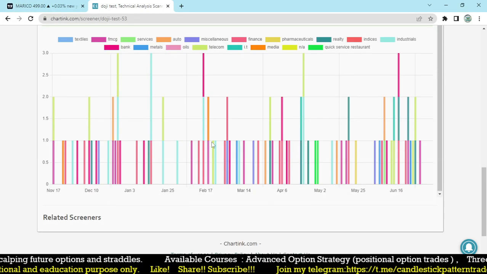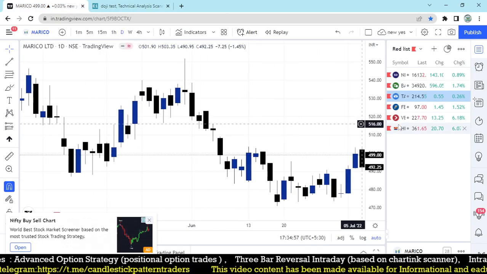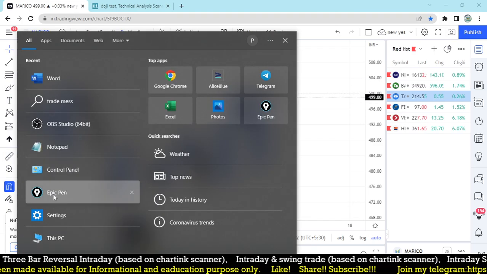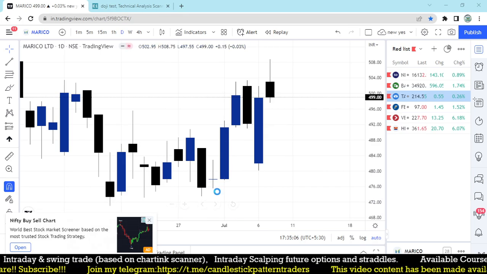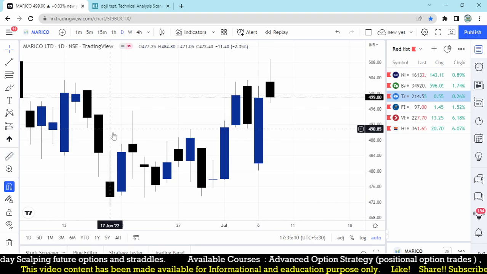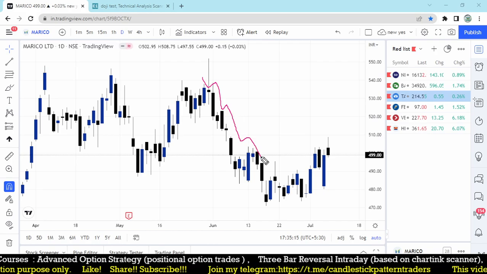A few days back we found a stock. Let me go to that stock here. There it formed a doji. It never broke the low, and if you see the chart, initially it is from the top, it has fallen down.